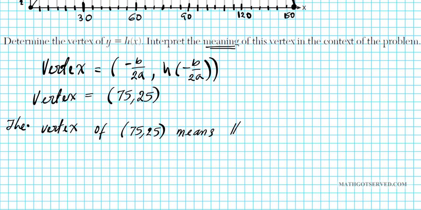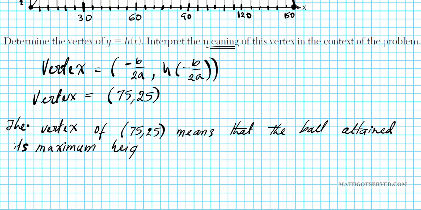It means that the ball attained its maximum height of 25 feet. Remember, the y coordinate is the height, okay? Maximum height of 25 feet when it was 75 feet away from the kicker, okay?